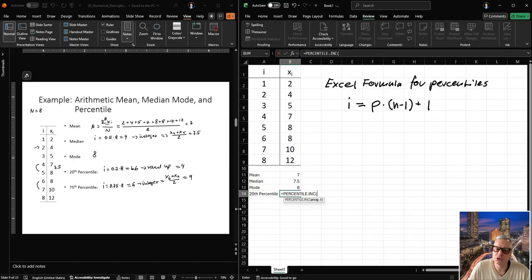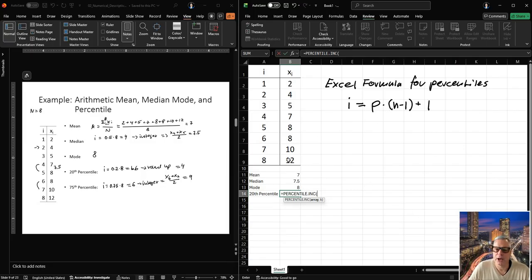So I'm very sure most of the time you are using percentile.inclusive, which basically includes all the observations. If you have a super large data set, it doesn't probably make a big difference, but yeah, you want the percentile.inc, and that corresponds to that formula.